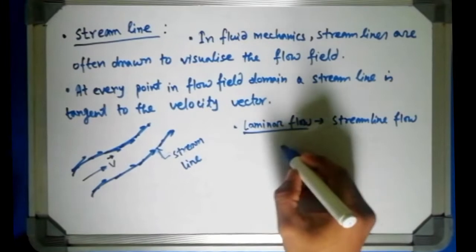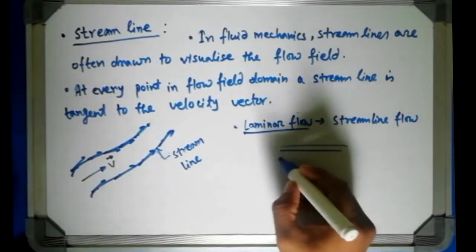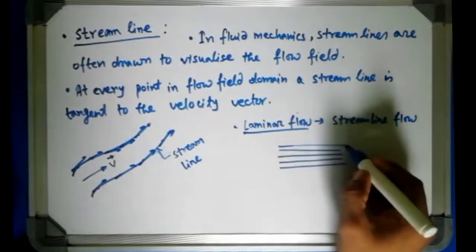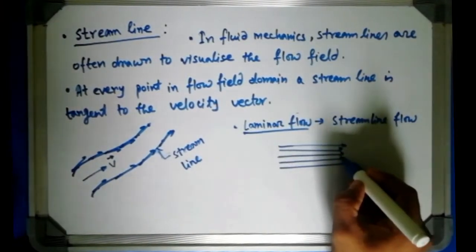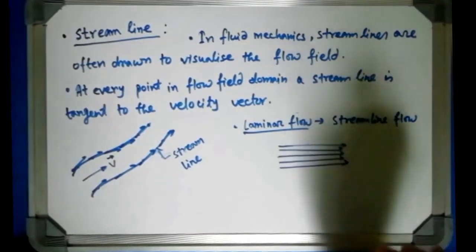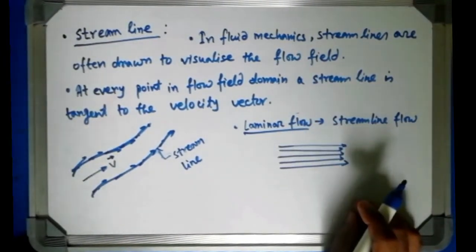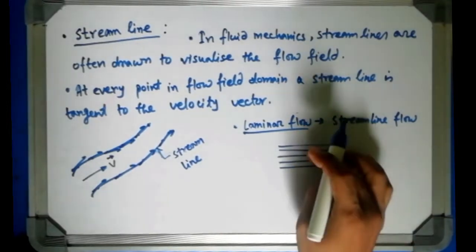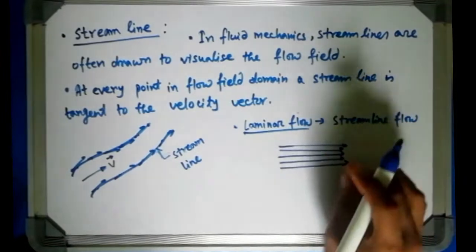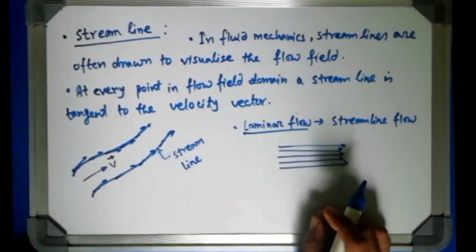Laminar flow can be expressed like this: all the layers of the fluid adjacent to each other behave like parallel lines. Okay.